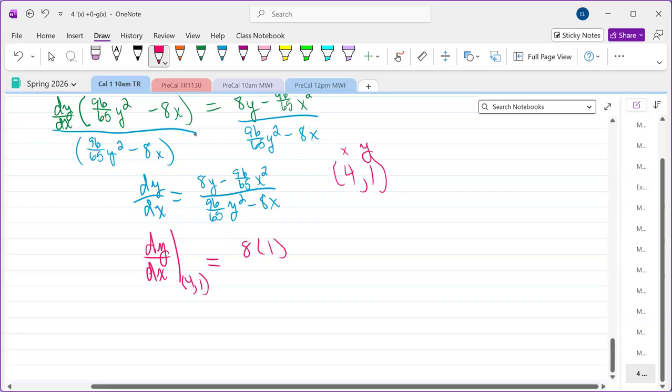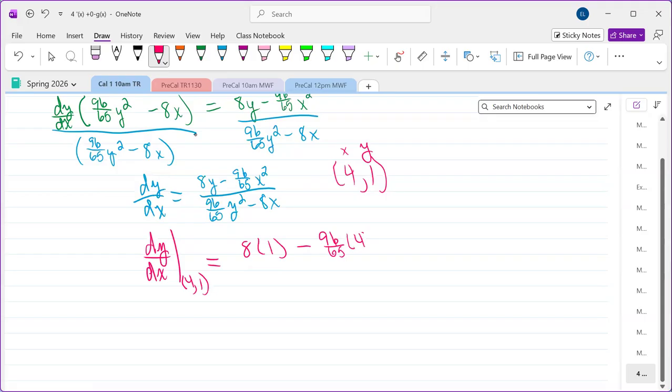So we have 8 times 1 minus 96 over 65 times 4 squared, all over 96 over 65 times 1 squared minus 8 times 4.